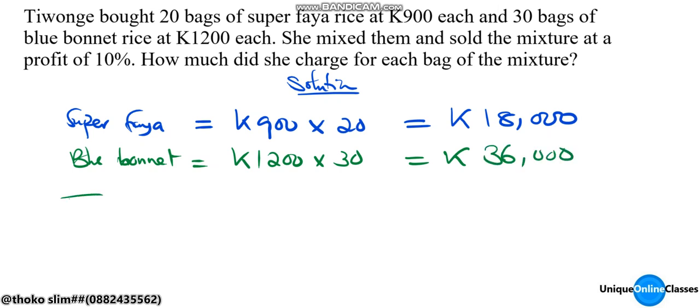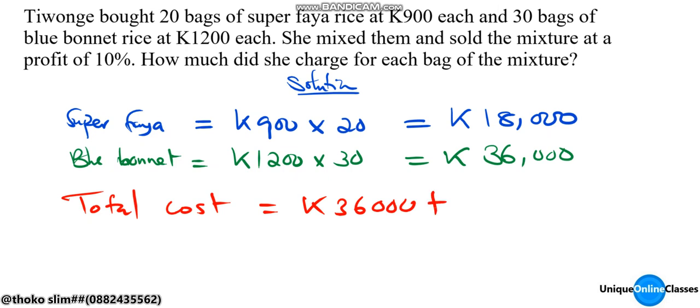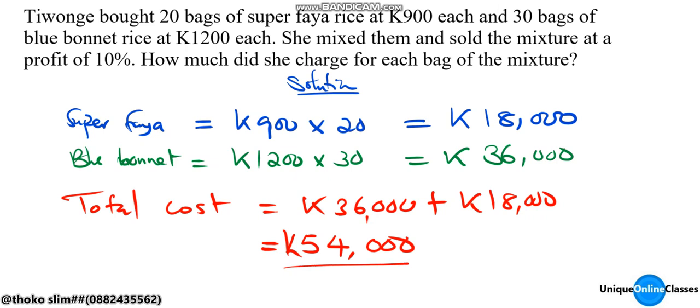So total cost for all is equal to 36,000 kwacha plus 18,000 kwacha, which if we add, the answer is 54,000 kwacha. So that's the total cost.